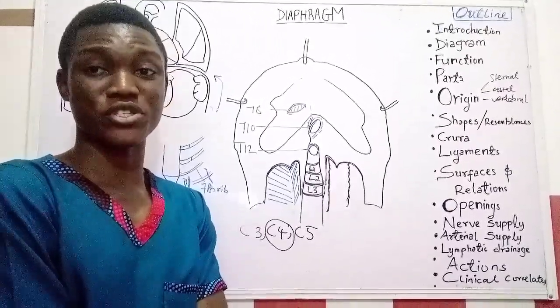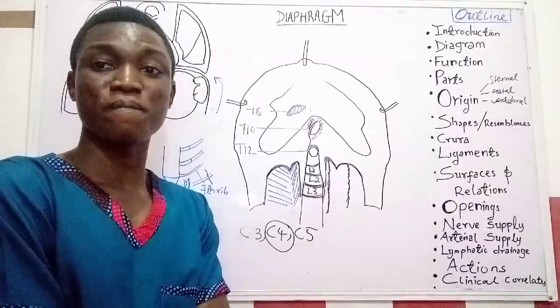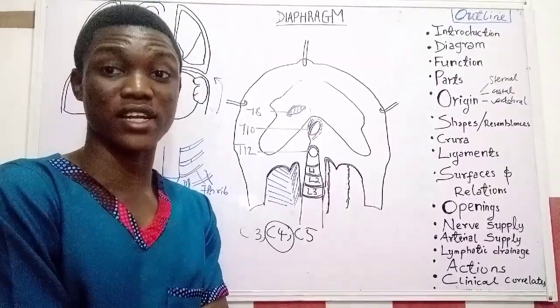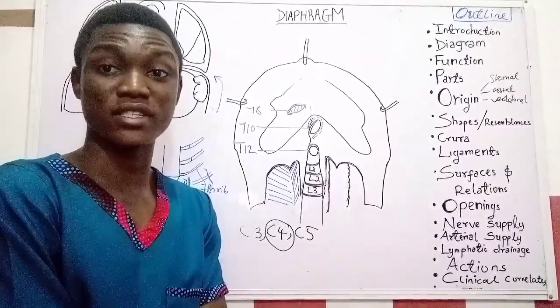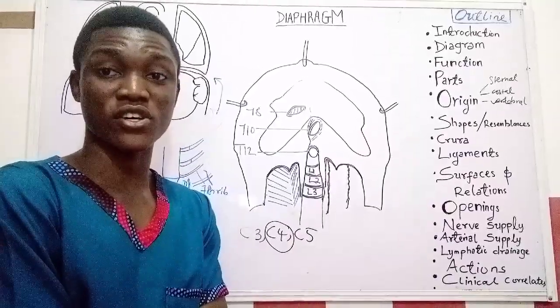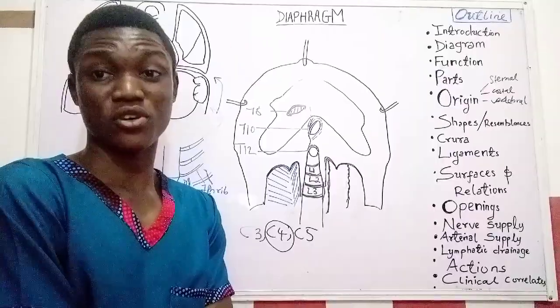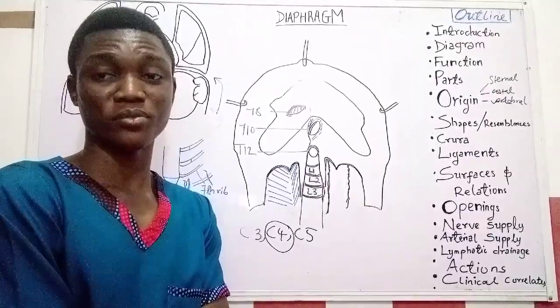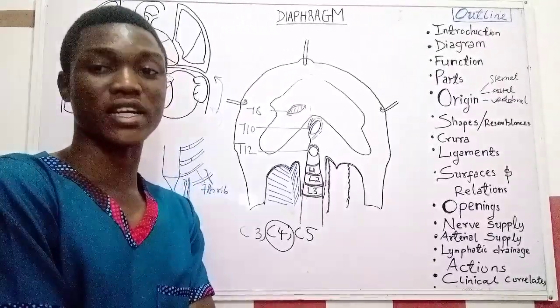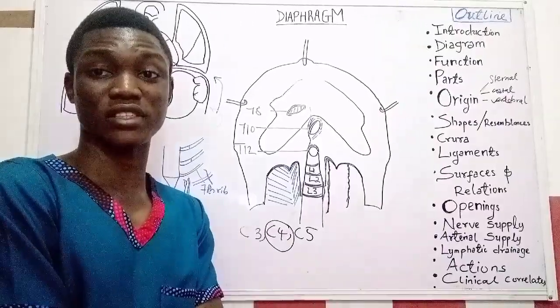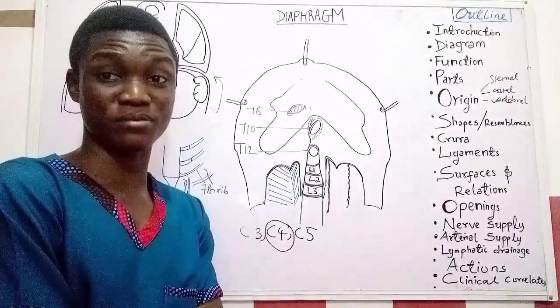So this will as well lead to an increase in intra-abdominal pressure. Increased intra-abdominal pressure helps in passage of effluent, like in someone who wants to vomit, during defecation or during parturition, and some other scenarios. So that is one of the actions of the diaphragm.